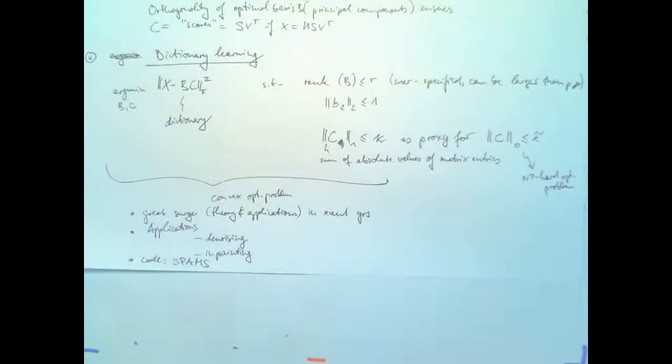And actually the optimization for this problem, if you use the L1 norm, can be done pretty efficiently. This is what this library does. And this is where the OMP that you mentioned is used.